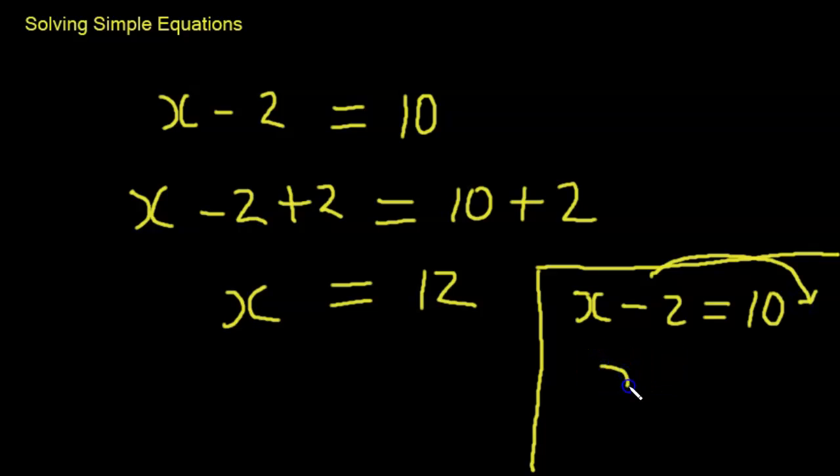And whatever goes across the equal sign, if it's negative, it becomes positive. And if it was positive, it becomes negative. And I said earlier, I will not bash this method because it works 100% every time. So x is equal to 12. Alright?